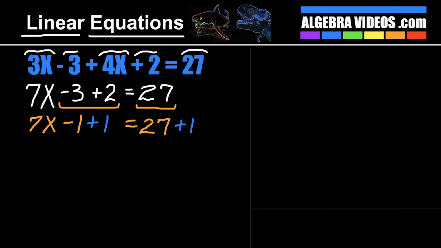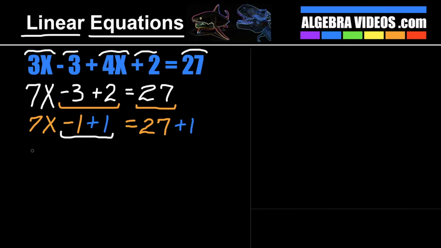And then you might be asking, well, whoa, what are we doing here? Why are we adding 1 to both sides of the equation? Well, the reason is that these two terms here are going to sum to 0. Negative 1 plus 1 is 0. And I knew that, so that's why I put the plus 1 in there.